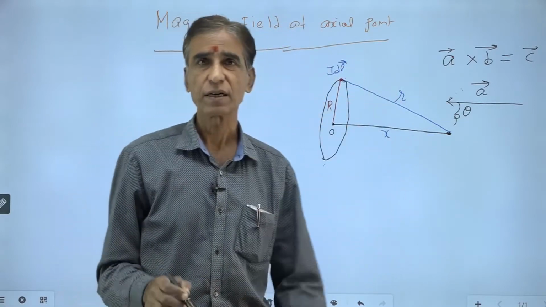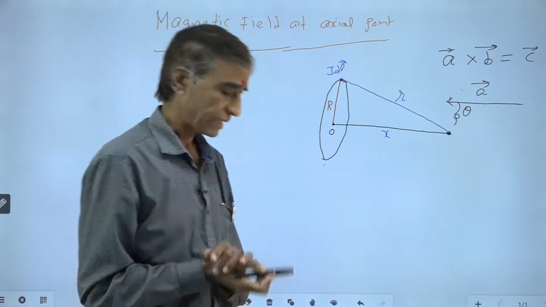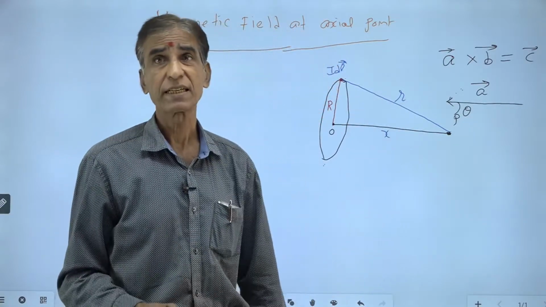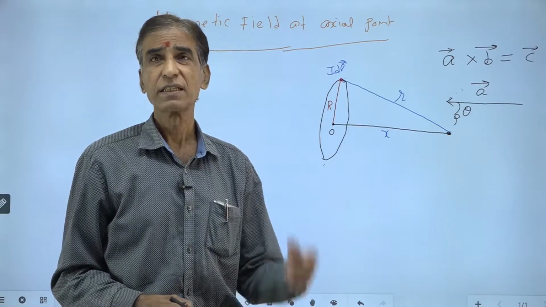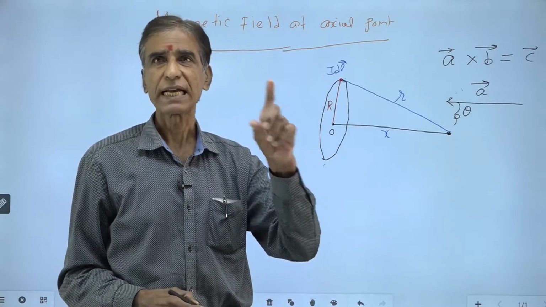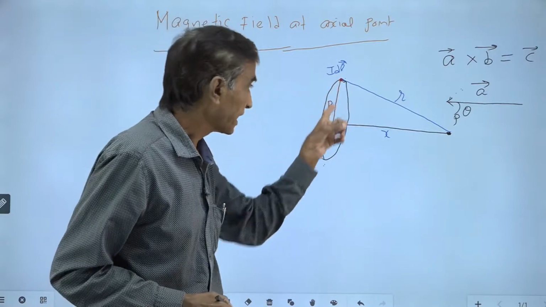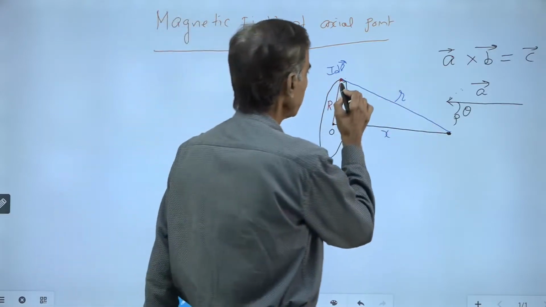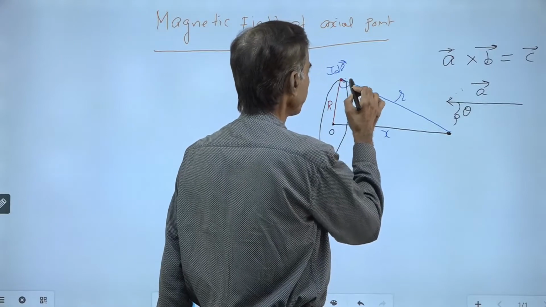How do we measure the angles? Where is our theta? Theta is the angle between the radius vector and the position vector.